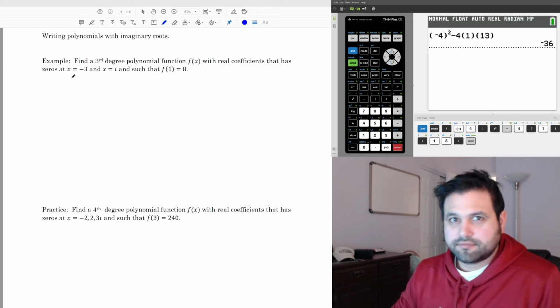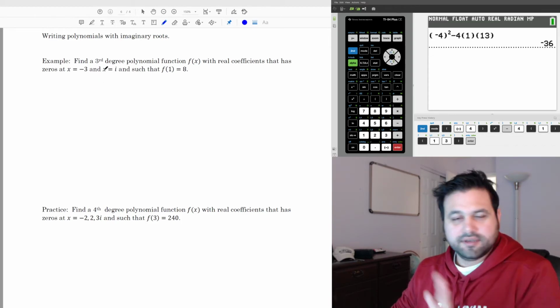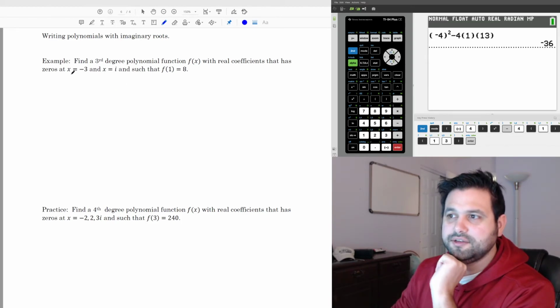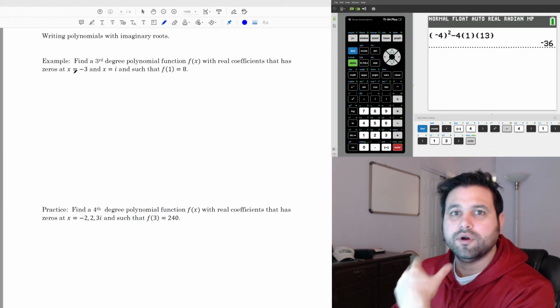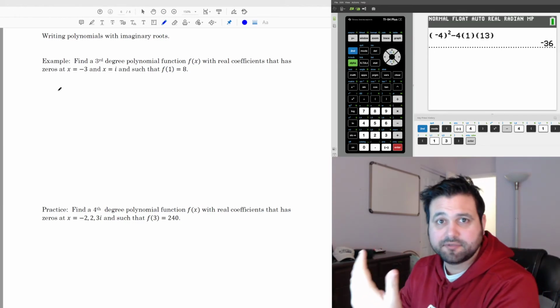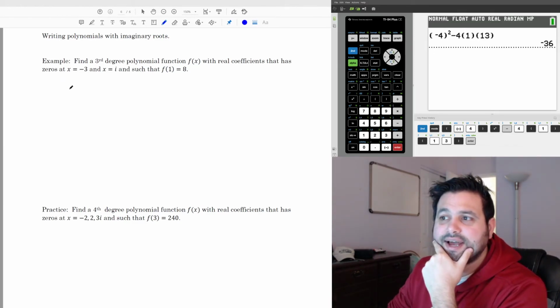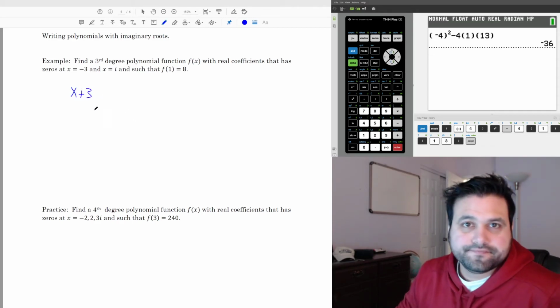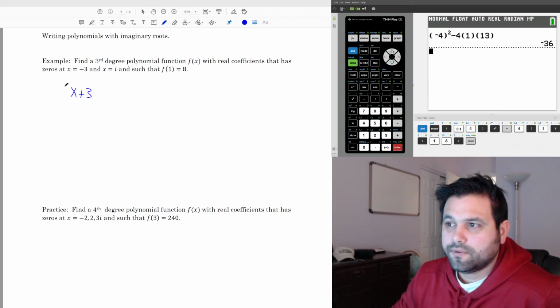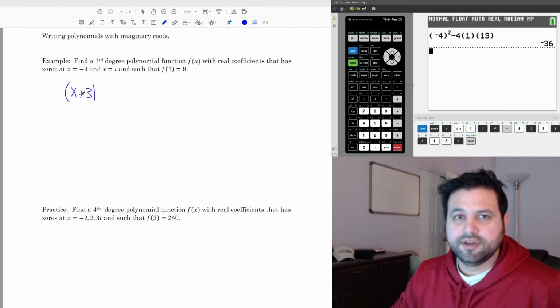Let's ignore the x equals i for a second. If I tell you that the zero is at x equals -3, what does that tell us? It tells us about the factor, right? It tells us that x plus 3 is a factor. How do we know that?